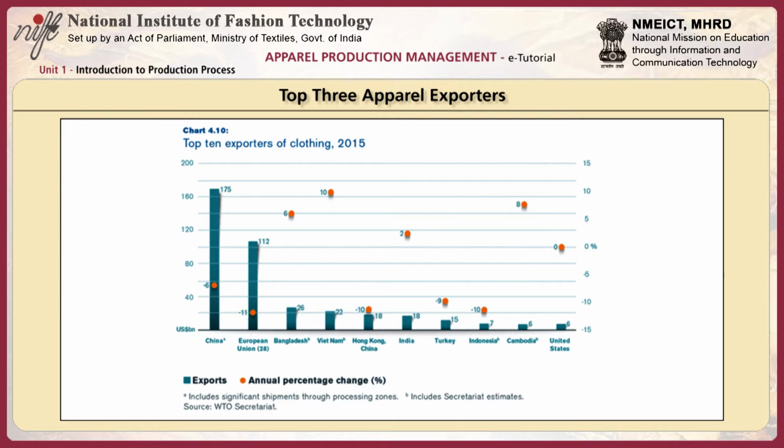Hong Kong has dropped by 10%. India has increased by 2%. Turkey has dropped by 9%. Indonesia has dropped by 10%. Cambodia has increased by 8%. And finally, United States stands the same.